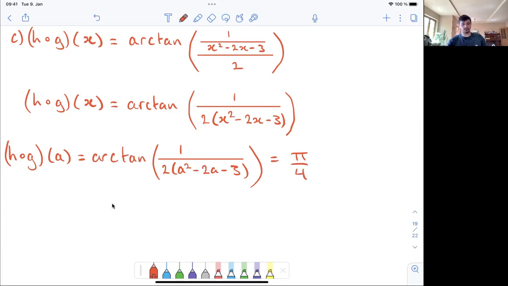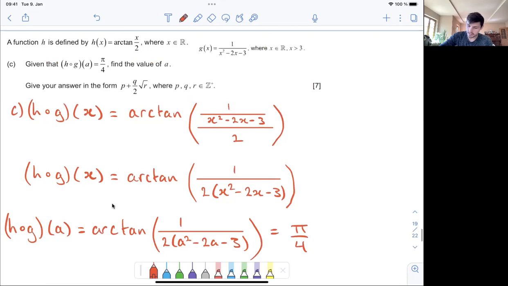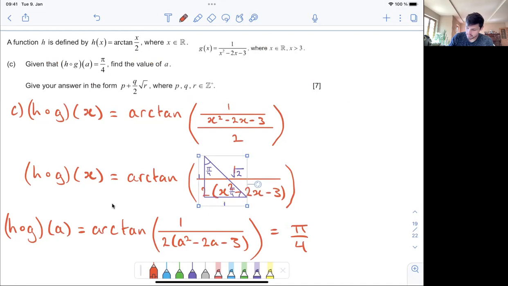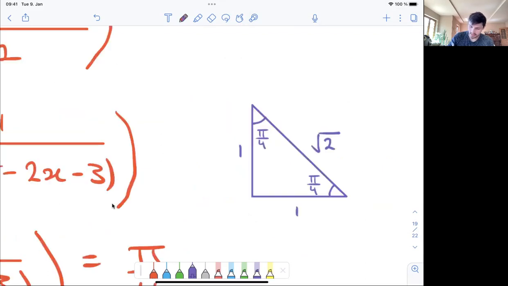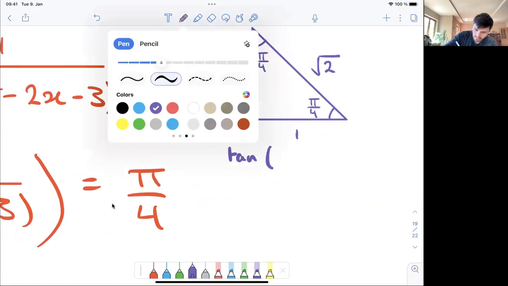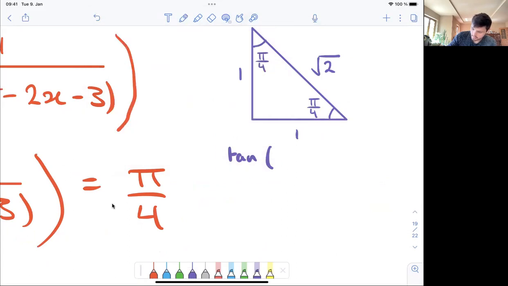All right, so now let's bring in one of the exact value triangles, one with pi over 4, and we can see here that, in fact, we'll write it over here. We can see that tan of pi over 4, let's just rewrite that. So let's just say tan of pi over 4 is going to equal 1.